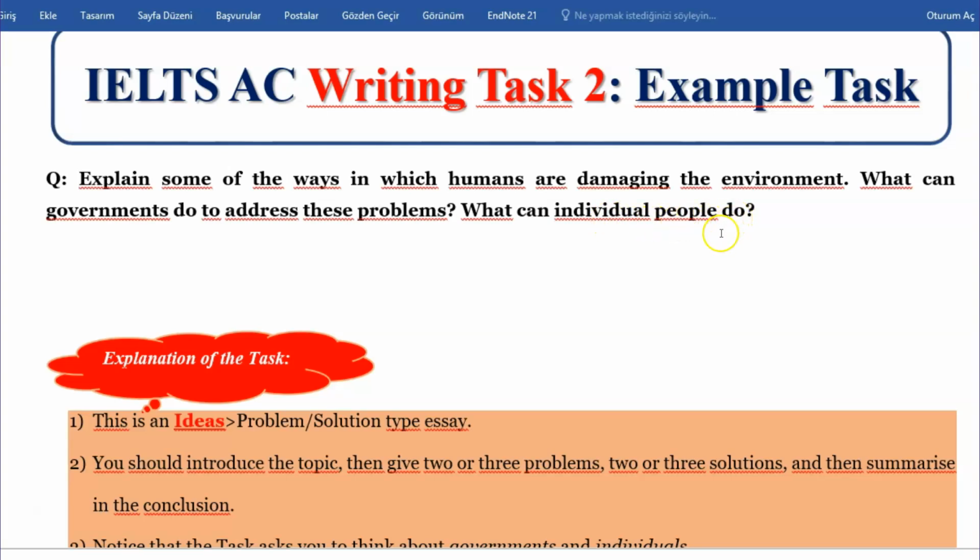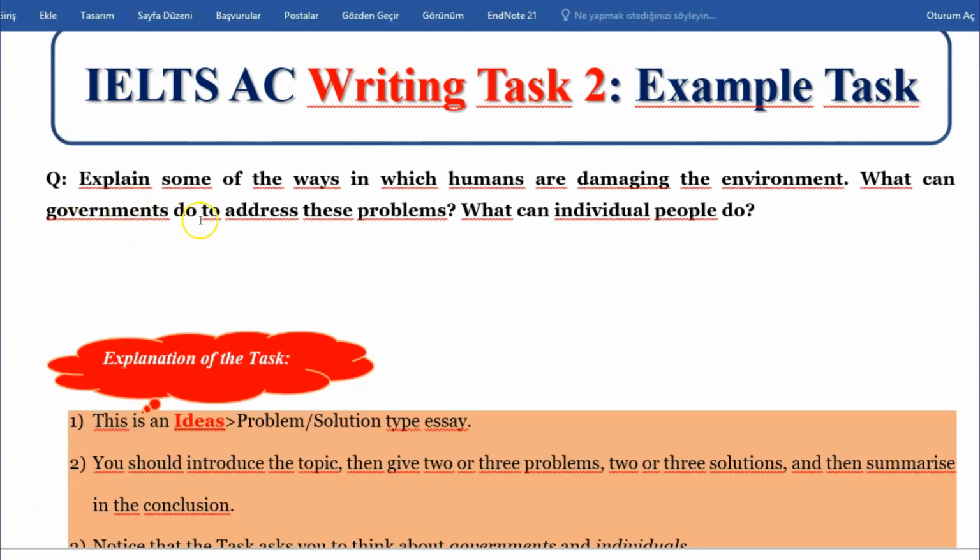Okay, I want to mention that we have one problem. Our problem is that the environment is facing disastrous issues. Okay, and the question actually asks from two perspectives, one from the government and the other one from the side of individuals, I mean normal people.